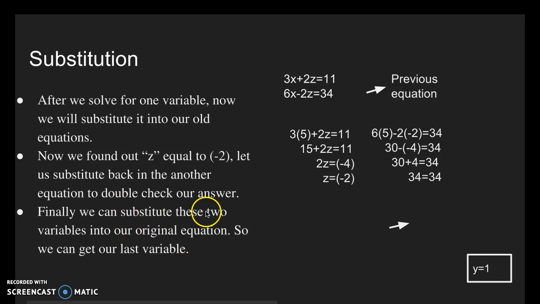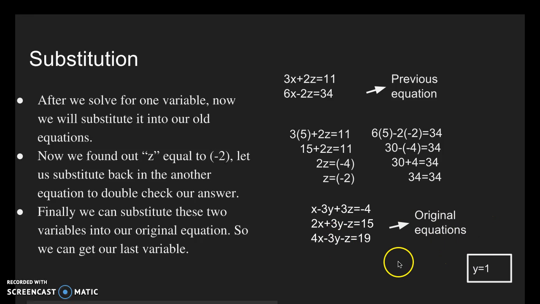Finally, we can substitute these two variables into our original equation, so we can get our last variable. That is our original equations in the first slide. I choose this equation to substitute: 4x minus 3y minus z, so x equals 5, right?